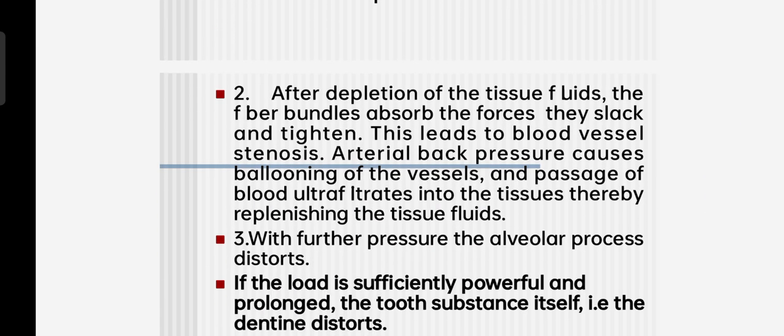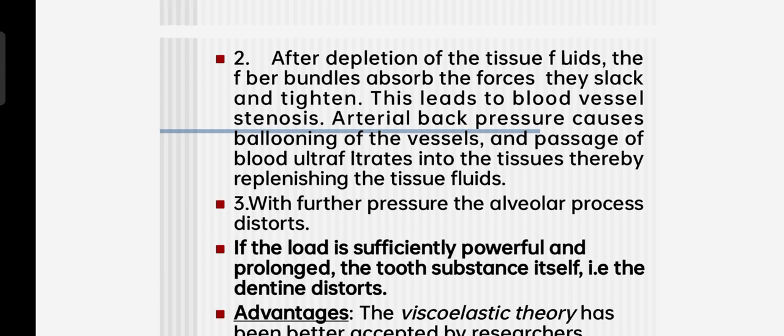After depletion of tissue fluid, the fiber bundles absorb the force, they slacken and tighten, and this leads to blood vessel stenosis, and arterial back pressure causes ballooning of the vessel and the passage of the blood ultrafiltrate into the tissue, thereby replenishing the tissue fluid.